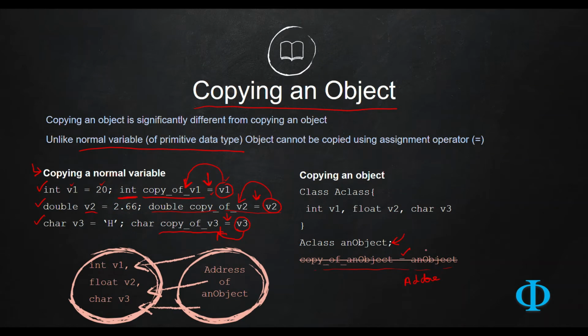So instead of making a separate copy of the object, the address is being copied into this copy of the object. The concept can be clarified with this example on the left hand side. Instead of copying the object, it is copying the address of the object. It does not really copy the content.